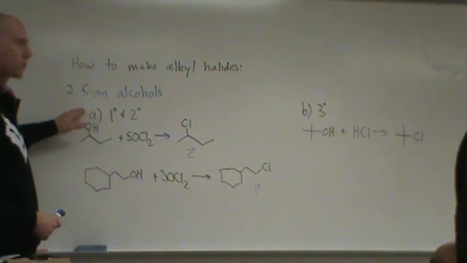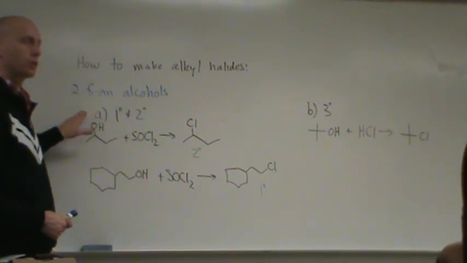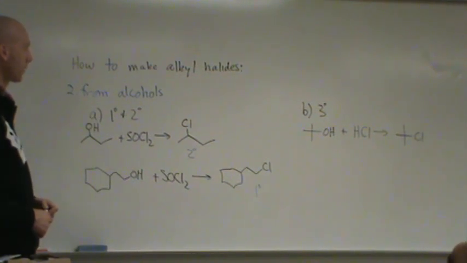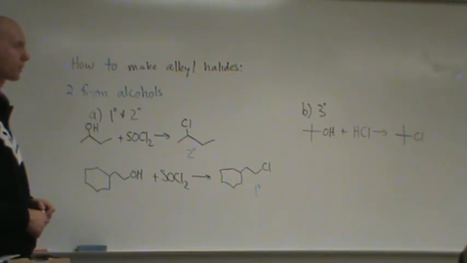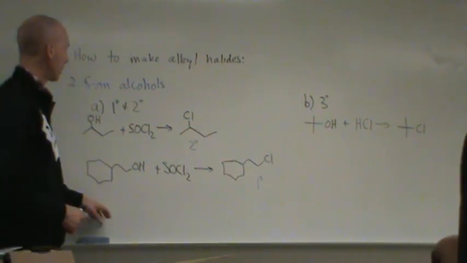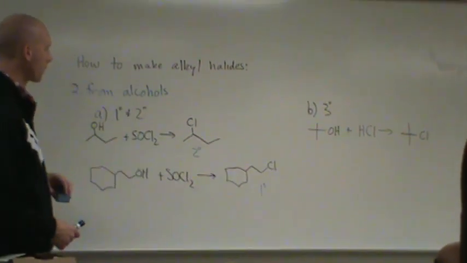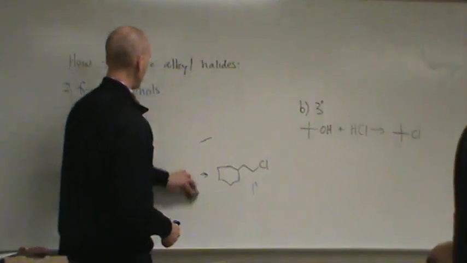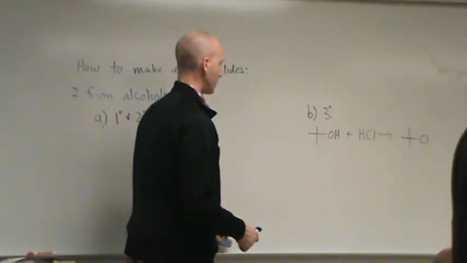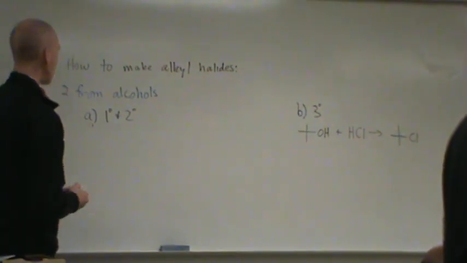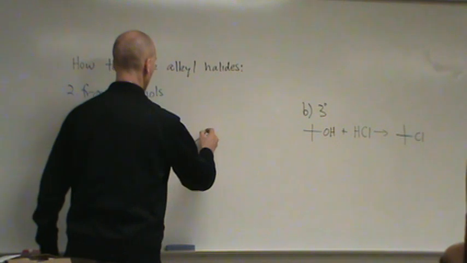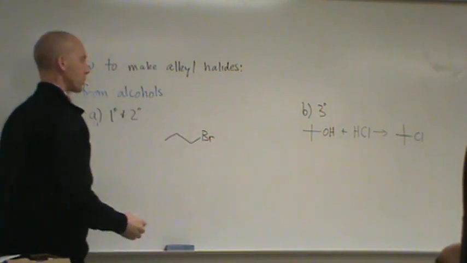Okay, so any questions on the distinction between primary, secondary, and tertiary? Well, let's look at how to make the other halides. Let's suppose I wanted to make this bromide.